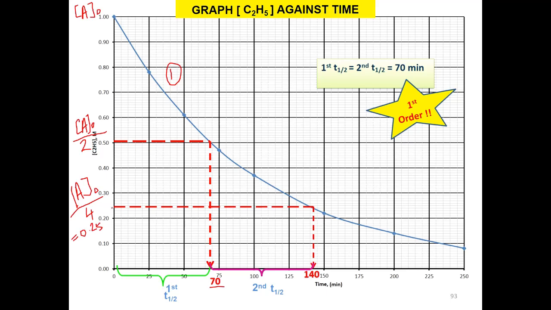From the graph we can see here 0.25 until the blue color, then you will get the second t half is 140 minutes. So that means the reaction is first order, because we have the first t half equal to the second t half, which is 70 minutes. So the reaction order is first order.